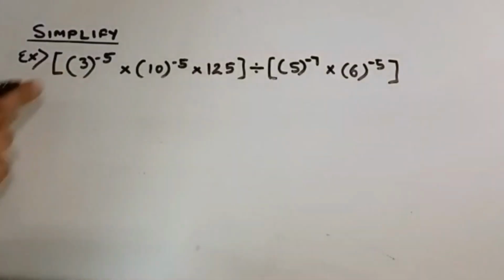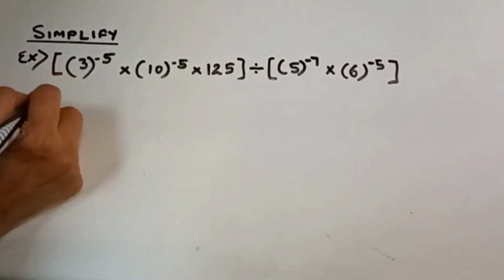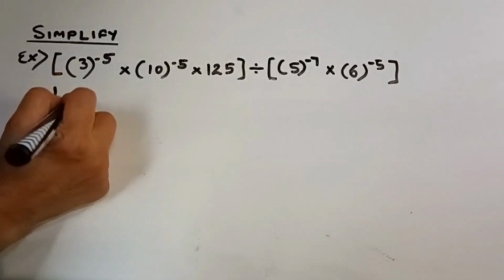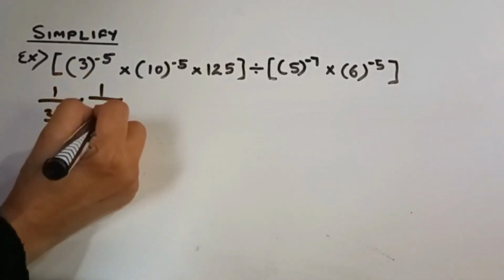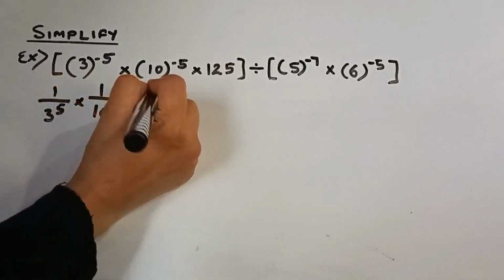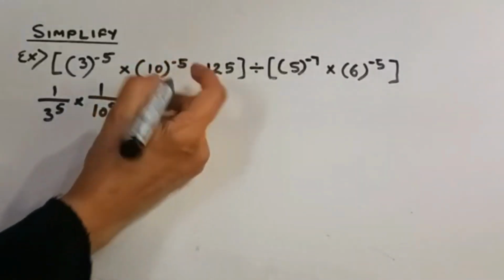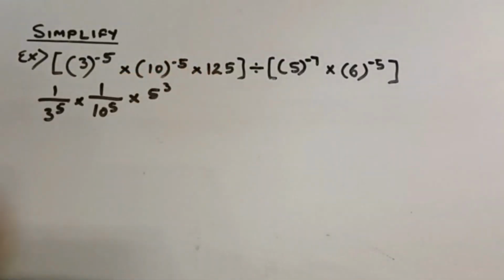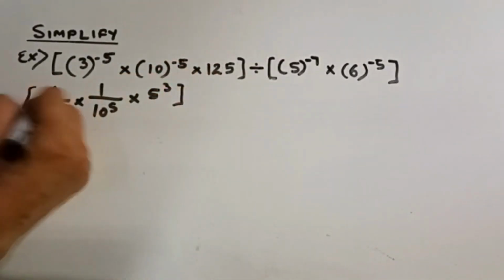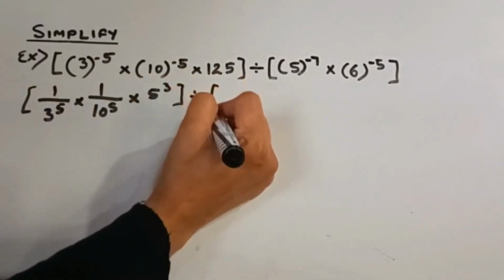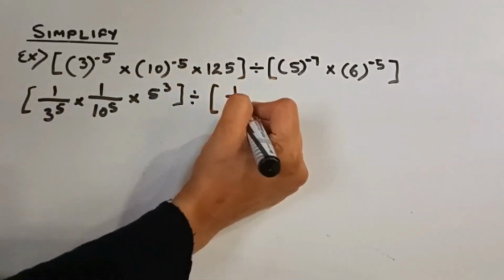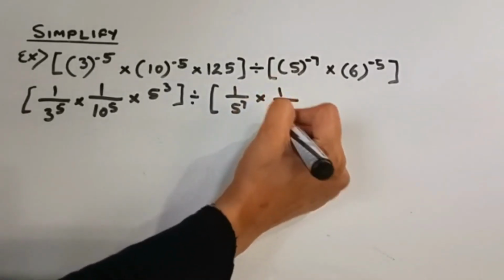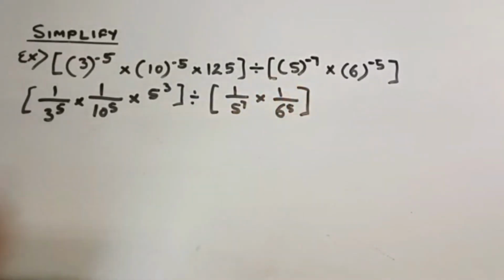In this example, 3 raised to minus 5 as 1 upon 3 raised to 5, into 1 upon 10 raised to 5, into this 125 I am writing as 5 raised to 3. This is divided by 1 by 5 raised to 7 into 1 upon 6 raised to 5.